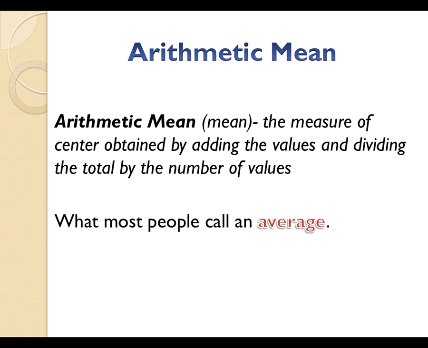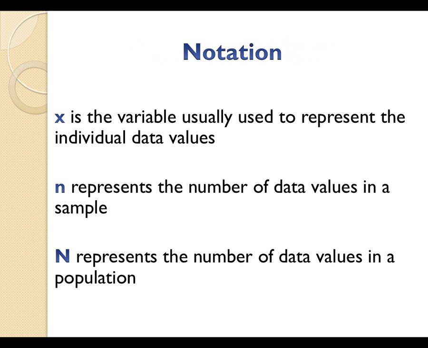The arithmetic mean, which we will call simply the mean, is the measure of center obtained by adding the values divided by the total number of values. It's what most of us, as I said, call an average. If you're going to look at formulas, you're going to have to think about what notation means.